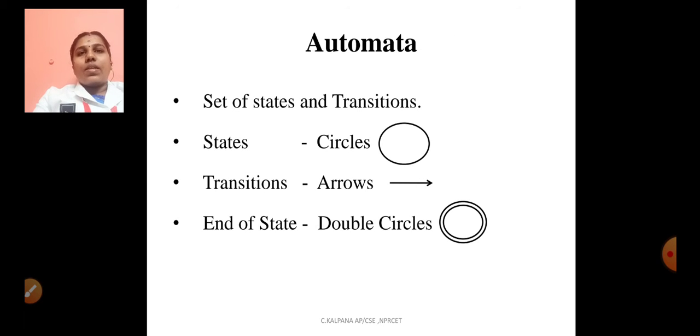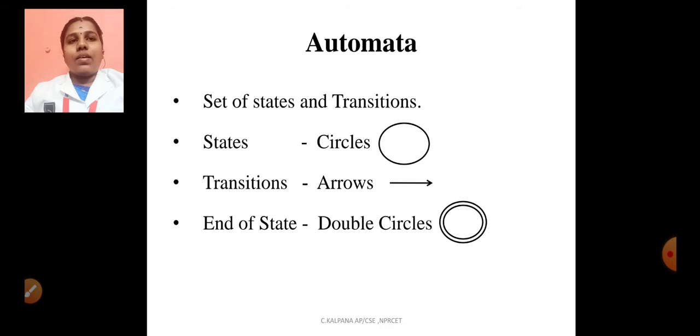States can be represented in the form of circles, transitions in the form of arrows, and the end state in the form of a double circle. So this is the basic diagram involved in automata.